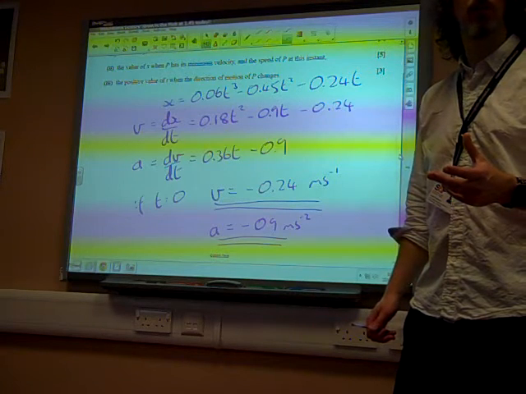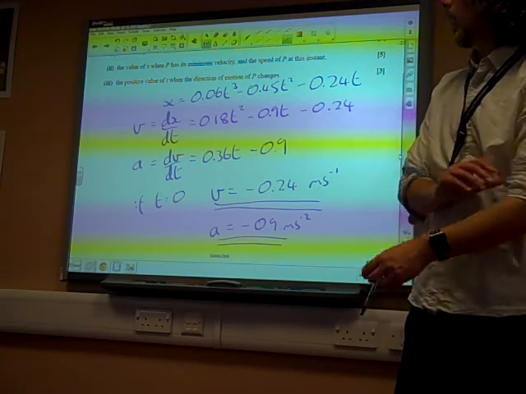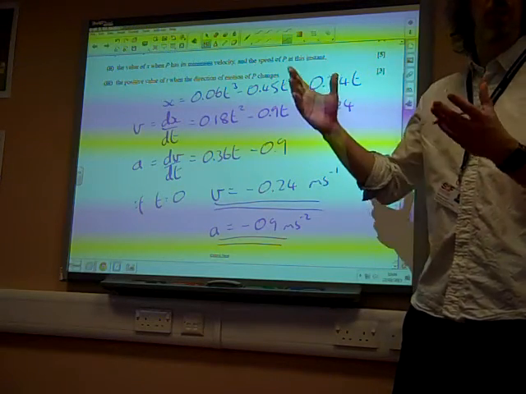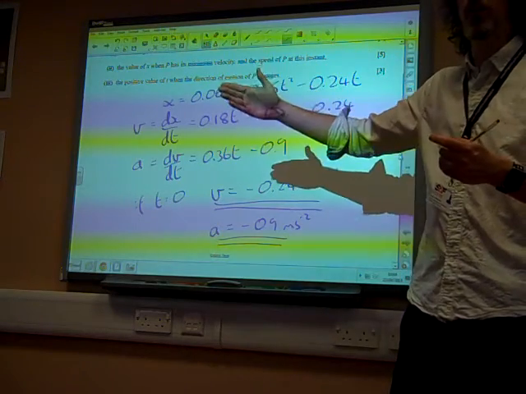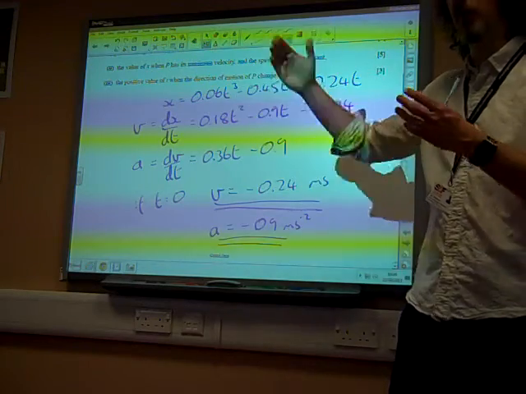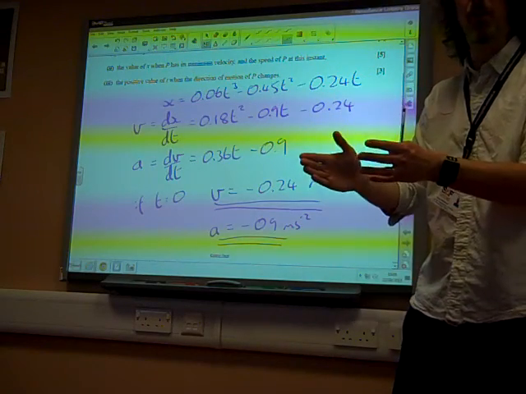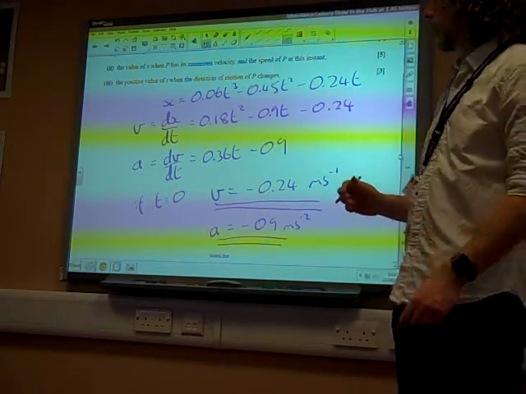If it's minimum velocity, it's changing from decelerating to accelerating. So as the acceleration crosses from negative to positive, when it's 0, that's the point it has its minimum. Once it starts being positive, the velocity is going to increase again.